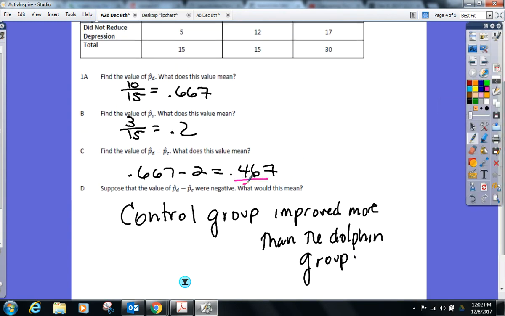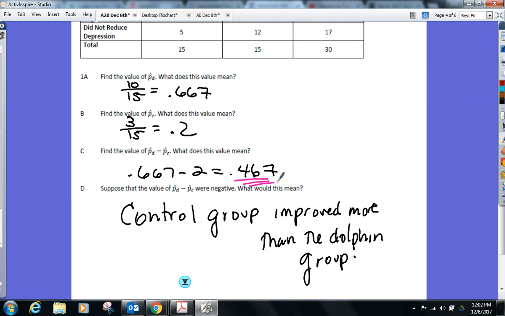So this number, 0.467. Here's the question I'm going to answer with you right now. Why did the dolphin group improve more than the control group? And I don't want you to write this. There's one of 2 reasons why. Dolphins actually work. That's why the dolphin people had better results.